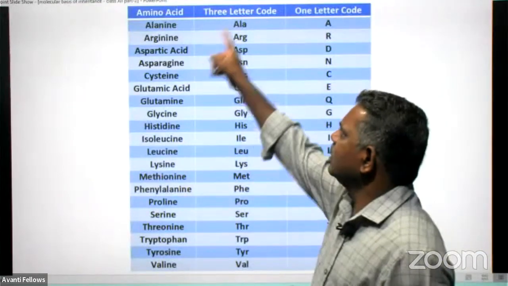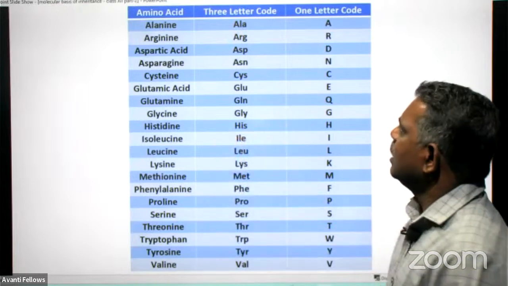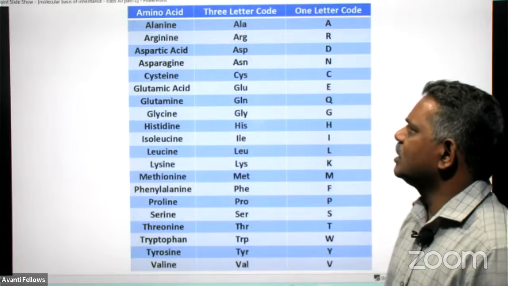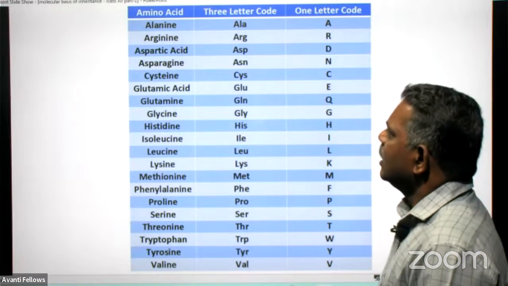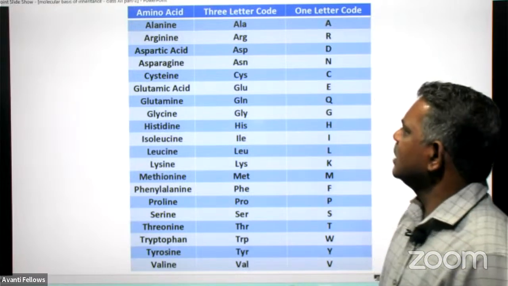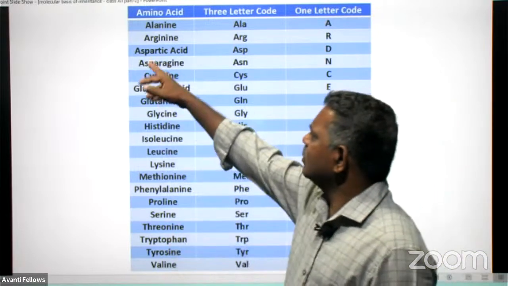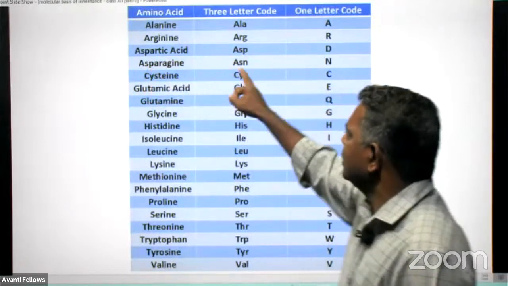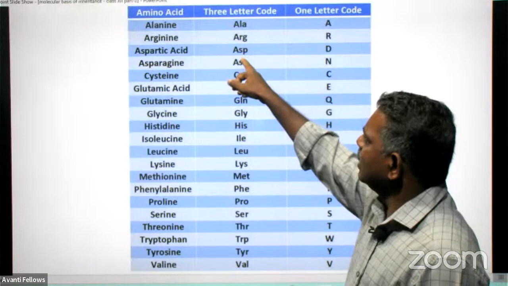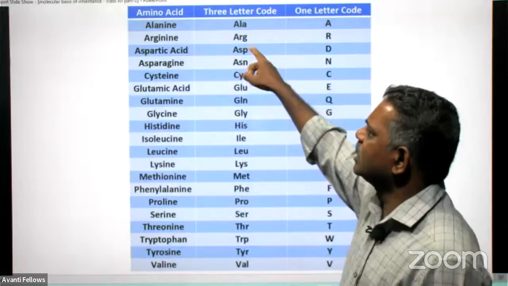Alanine, ALA. Normally, the first 3 letters are taken to represent that particular amino acid. Alanine, ALA, arginine, ARG, aspartic acid, ASP. Sometimes the same 3 letters, for example ASP for aspartic acid, would also apply to asparagine, but it's already taken for aspartic acid.